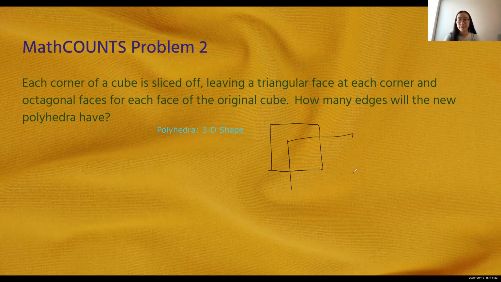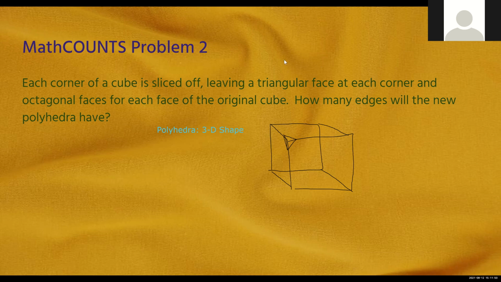It's probably kind of hard to draw. Like in Ishani's picture, you're just cutting that section of the cube off. And then you do that to every corner.